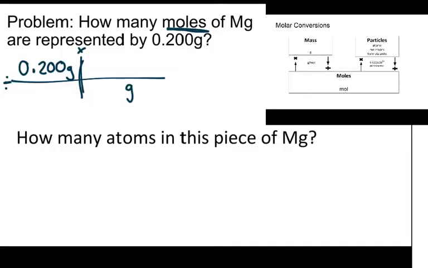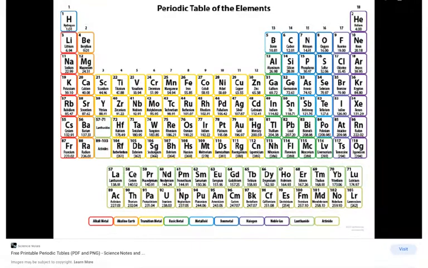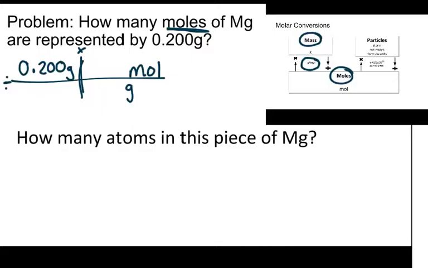It's asking me to find moles. So I'm starting with mass here and I'm looking for moles. So moles is going to go on the top. And then what number do I use to do that? I use the molar mass, which means I need to look up the molar mass of magnesium. So I did that actually here. The molar mass of magnesium is right here. It's 24.31 grams for every 1 mole.